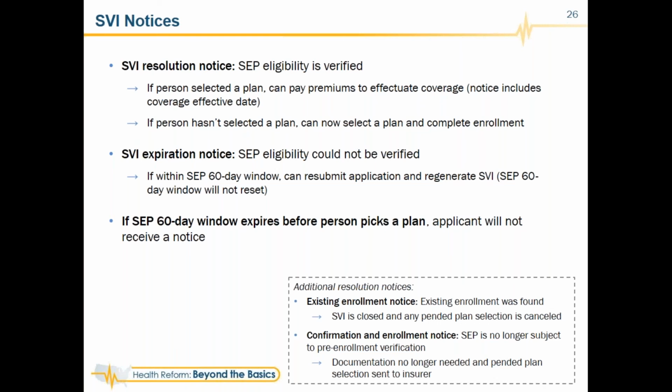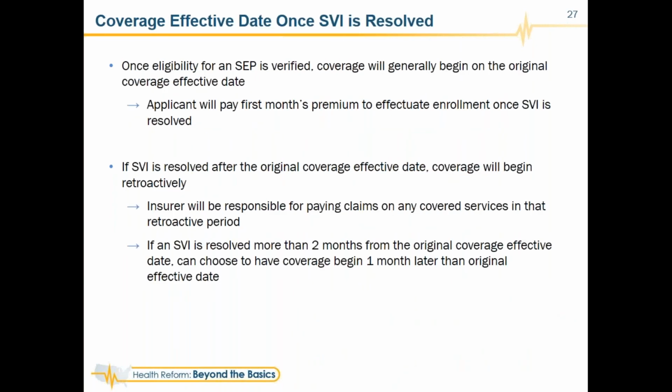If that's the case, and then they fail to get through the SVI process, the computer should be set up in a way that it will detect that the person's also eligible for another SEP, and then if they have selected a plan, that plan will be confirmed, right? And their enrollment will be sent to the issuer, and things will be fine in terms of being able to move forward. The consumer will be able to pay for their plan and move forward with coverage.